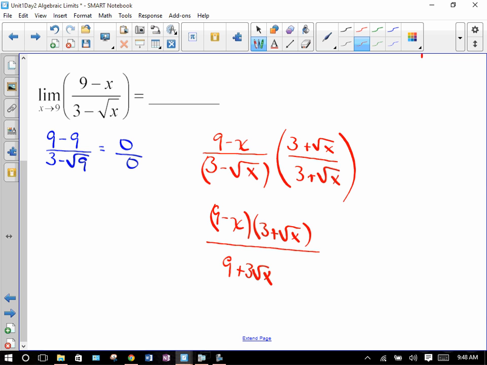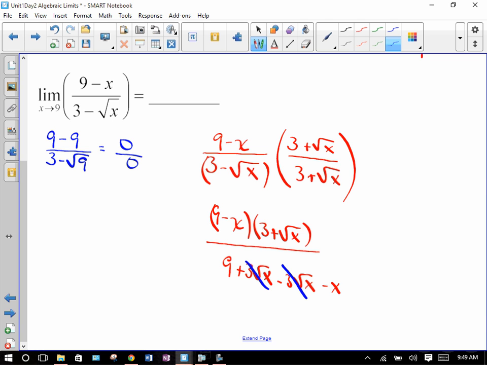Then this times this. So I'm going to have negative square root of x times 3, which is going to be minus 3 square root of x. Then negative square root of x times the square root of x, which is going to be minus x. At that point, what I noticed is that the 3 square root of x and the minus 3 square root of x cancel out.